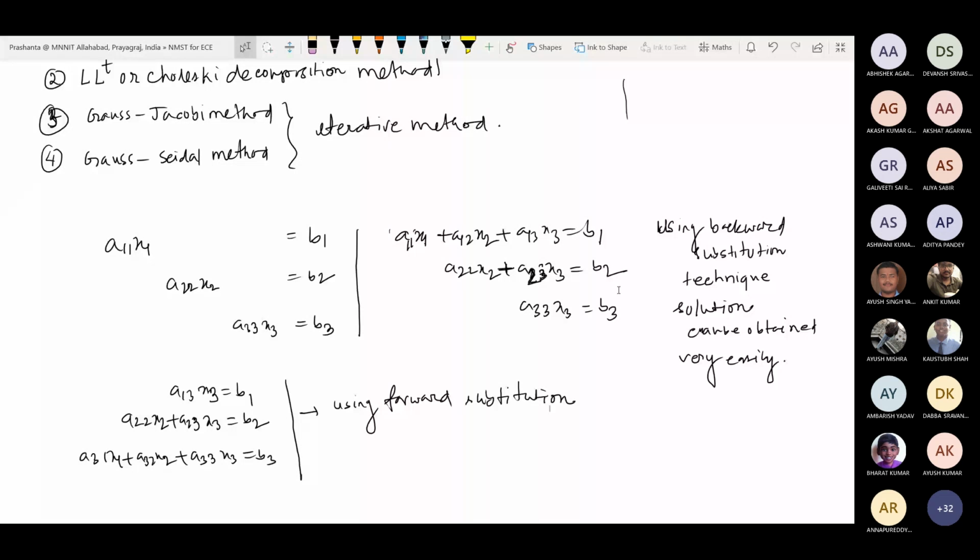At the end of this unit, we'll be discussing one more topic, eigenvalues of a matrix. You have studied eigenvalues and eigenvectors in semester 2 in the vector space concept. Here also we are going to consider some numerical techniques to find the eigenvalues of a given matrix, and we'll see some applications. What is the need of finding eigenvalues of a matrix? Those things will be discussed.